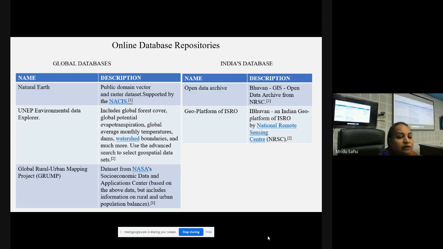And UNEP Environmental Data Explorer includes global forest cover, global average monthly temperature, dams, watersheds, boundaries. If you want to do this type of work, then this is the one. And Geoplatform of ISRO, from where we can also extract information. Global Rural Urban Mapping Project, and data from NSS, socioeconomic data, and application center.